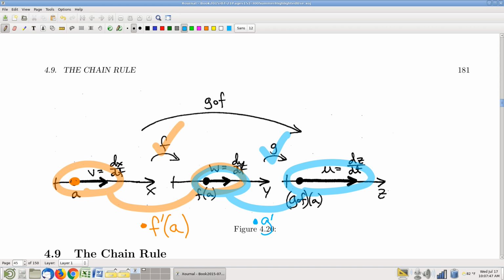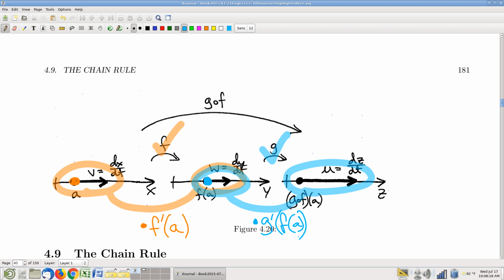It's not g prime of any point you feel like, or g prime of some random b. And very importantly, it's also not g prime of a, because a is way over here. G is not being evaluated at A. G is being evaluated at that point right there, f of A. So g prime is also evaluated at f of A.